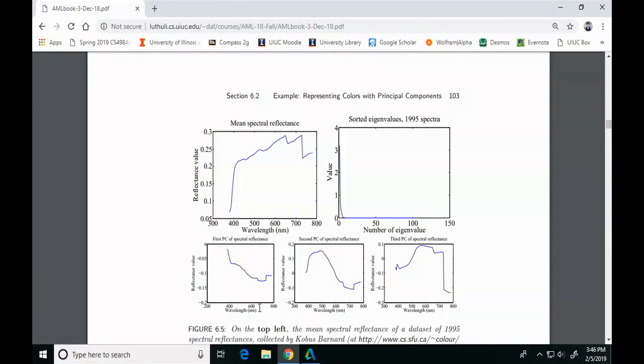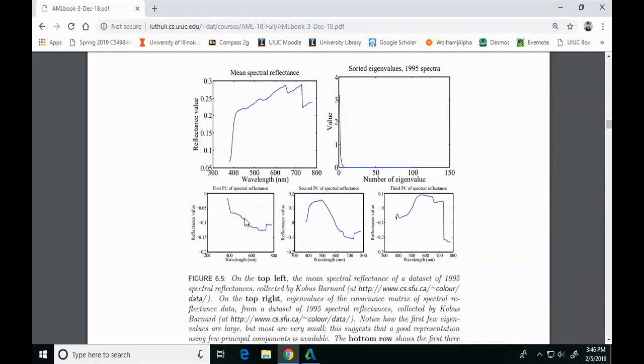So here we actually look at the first three eigenvectors. These are the principal components that are going to make up our new data set.